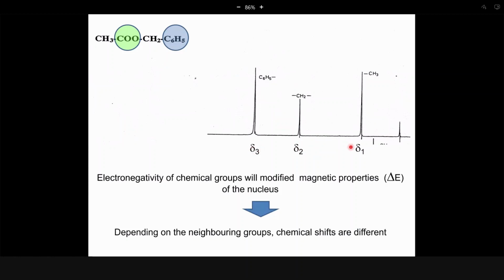These chemical shifts depend on the chemical groups close to them. And as it is a methyl, I can say that the lower chemical shift corresponds to the methyl protons, the higher, around 7, corresponds to the aromatic ring, and in the middle it might be the CH2.